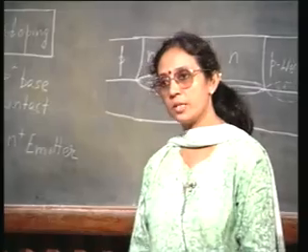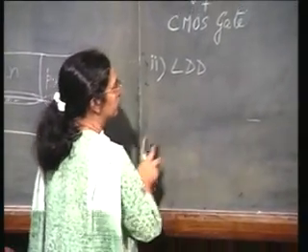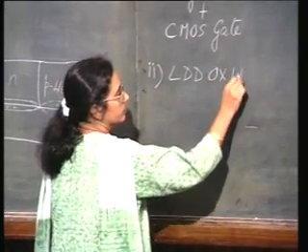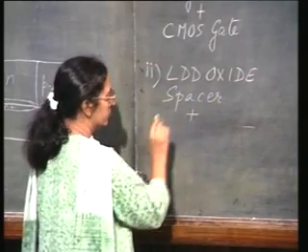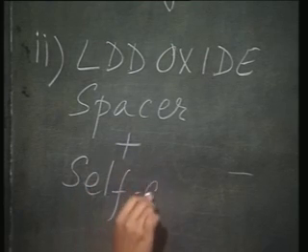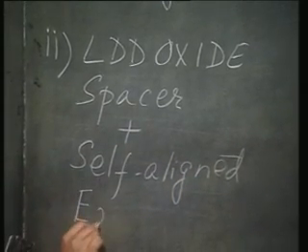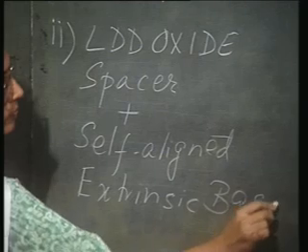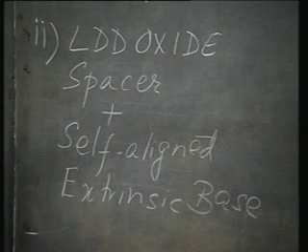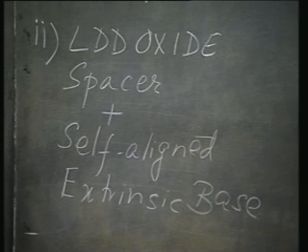We can merge these two steps together. So, you could use the same oxide spacer both for the LDD structure as well as for the extrinsic base to be self aligned with the emitter. Okay.